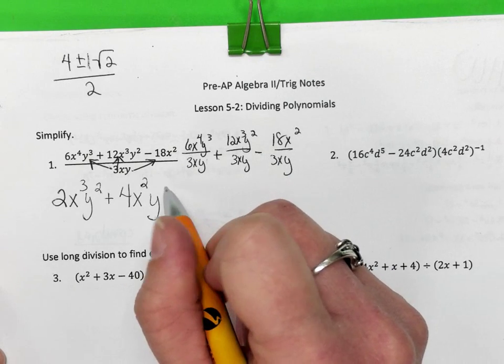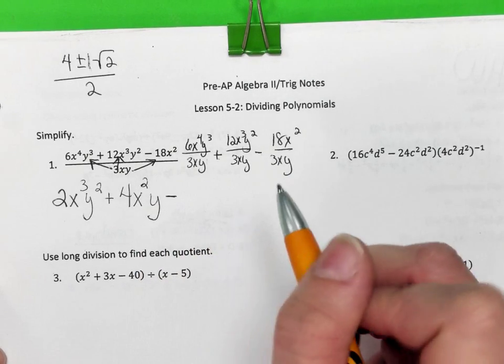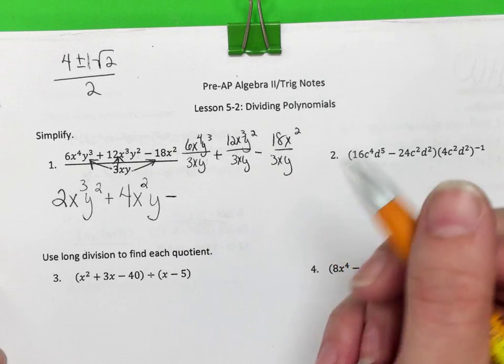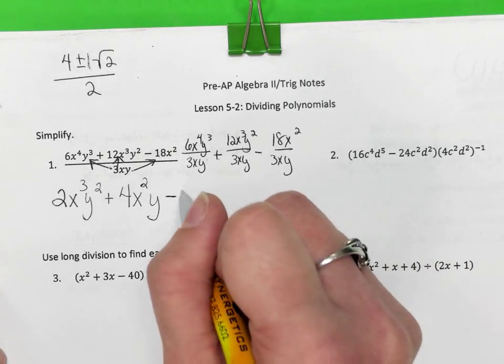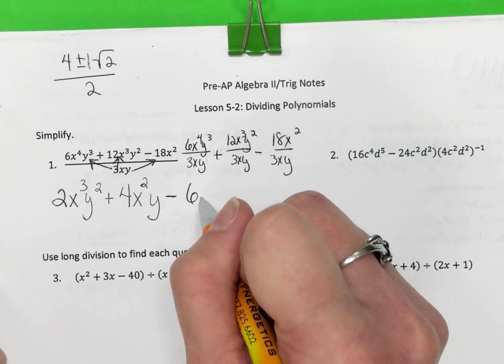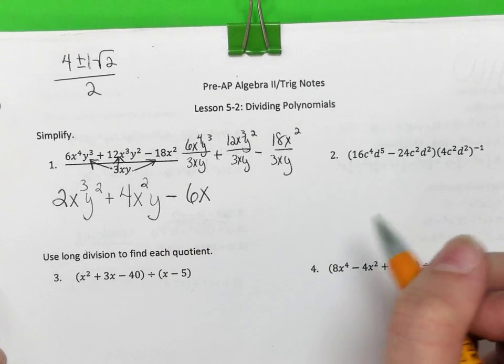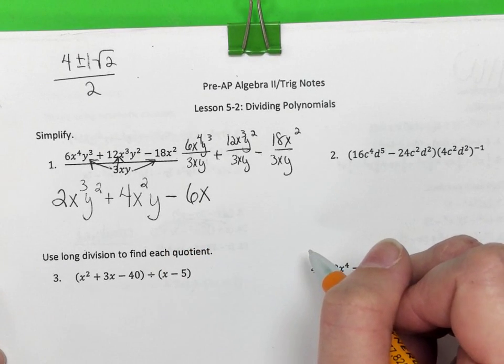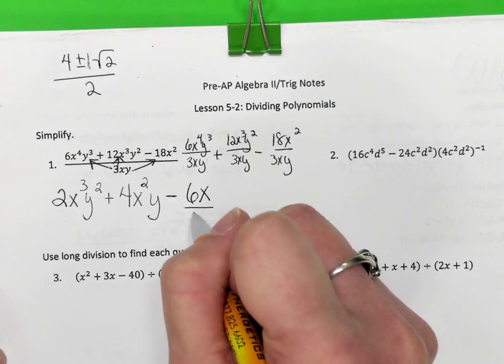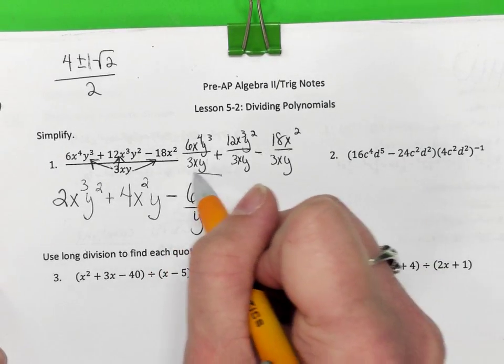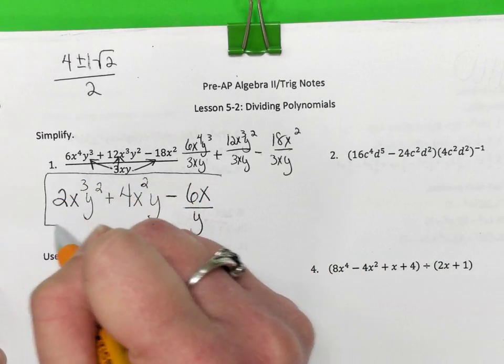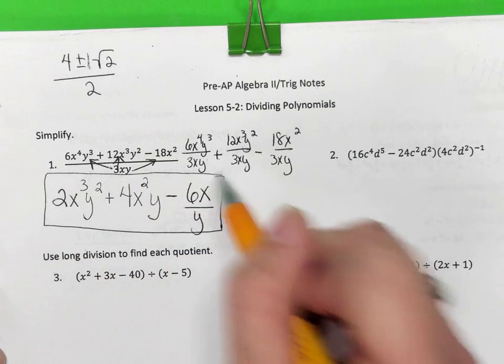And what's 18 divided by 3? 6. Well, I put the negative already. And let's see, I have just an x. Where's that y got to stay, though? He's got to stay on the bottom.